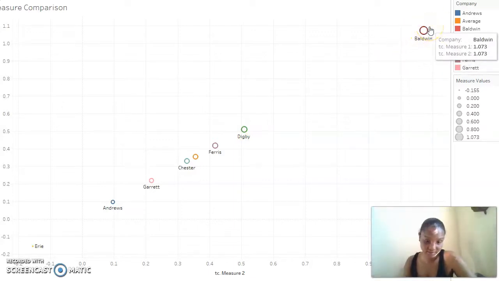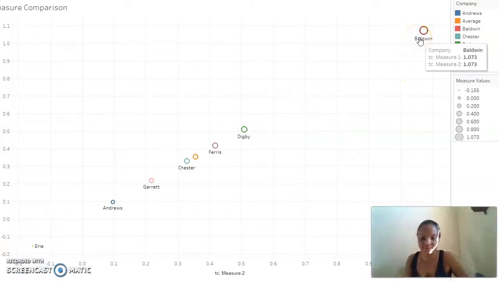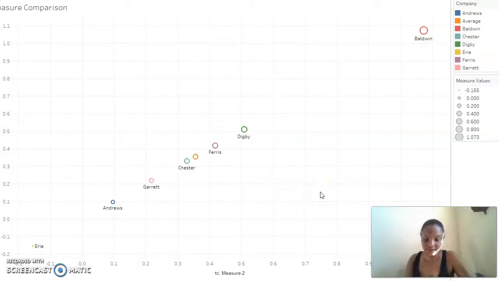It's obvious to me that it's the highest number. We've seen all through the graphs that Baldwin carries the highest number by rounds. They increase by rounds, and they have the highest number.